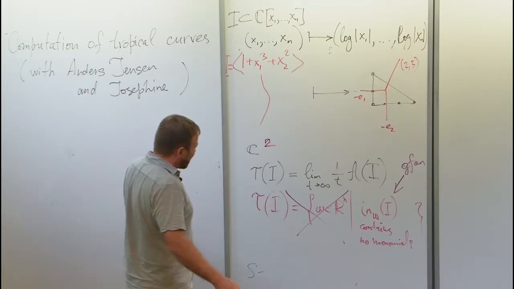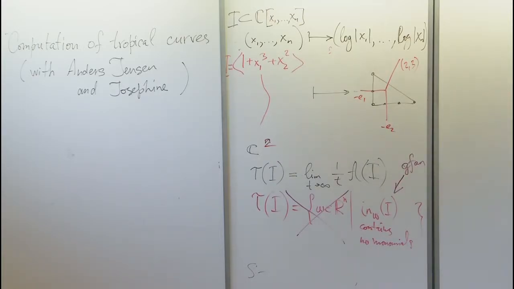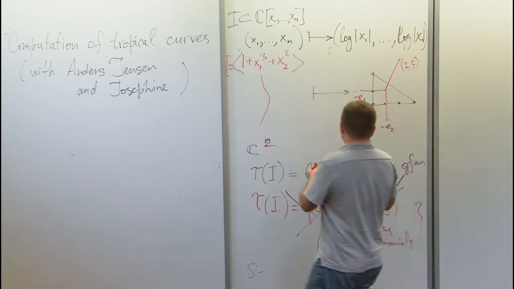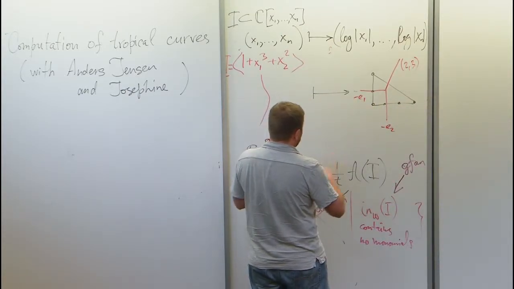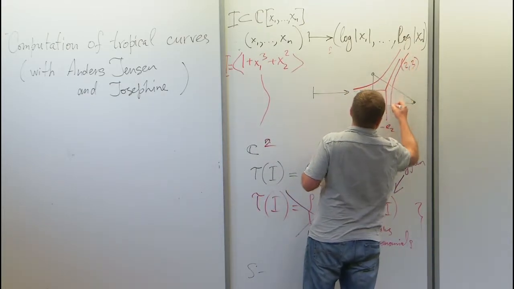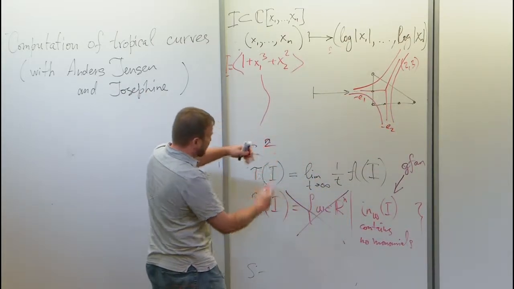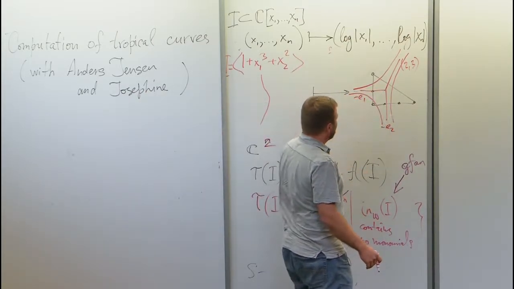Well, what we tried to do is experiment with a very, very naive idea. So remember, there is an amoeba floating around here. So I'm just drawing the boundary of it that limits to this tropical curve.